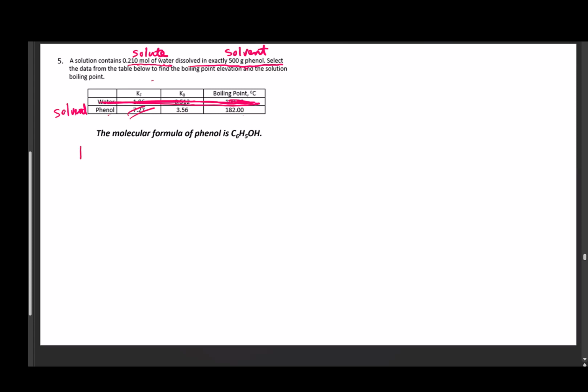So boiling point of solution is equal to boiling point of solvent, which is phenol here, plus the boiling point elevation, which is delta T. From our table, boiling point of phenol is 182.00 degrees Celsius.